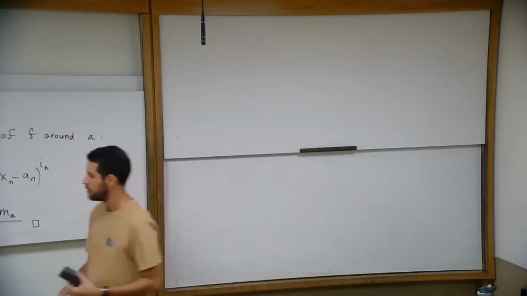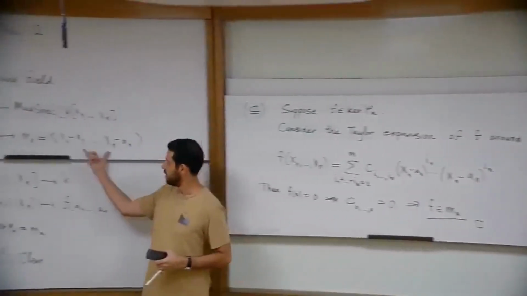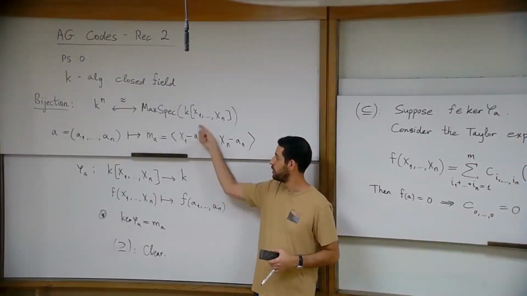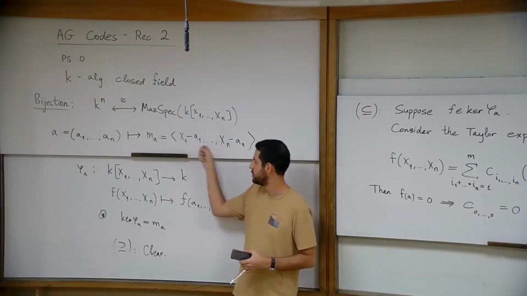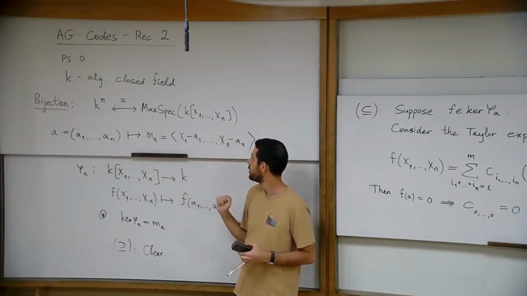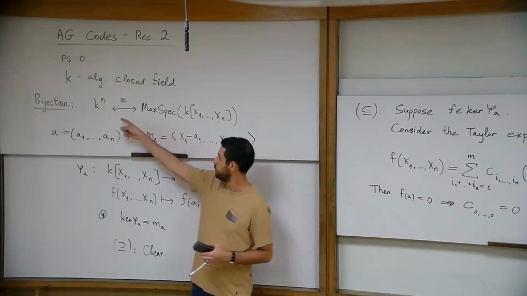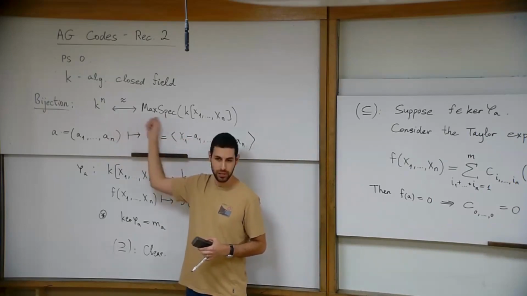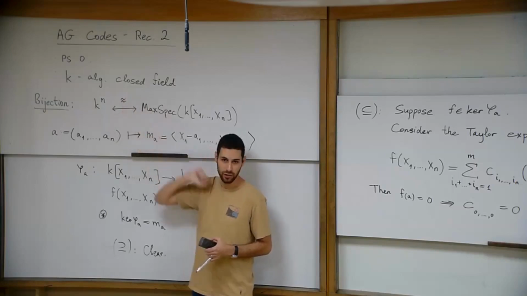So the ideal of all the polynomial functions that vanish at the point A is always maximal. But if we want the bijection, we need to insist that K is algebraically closed.